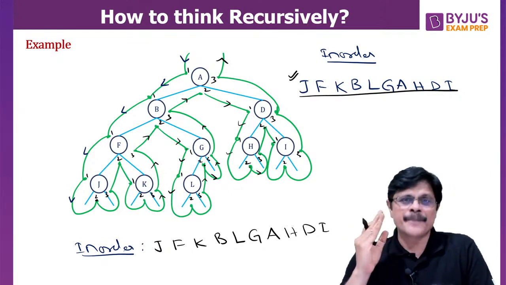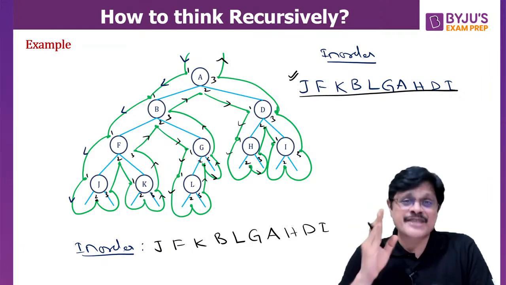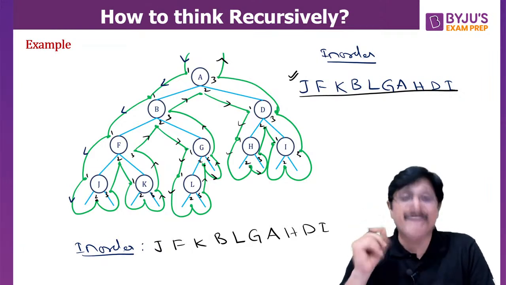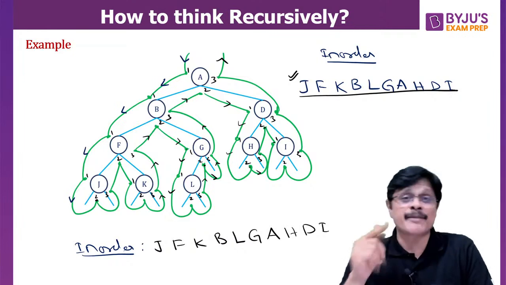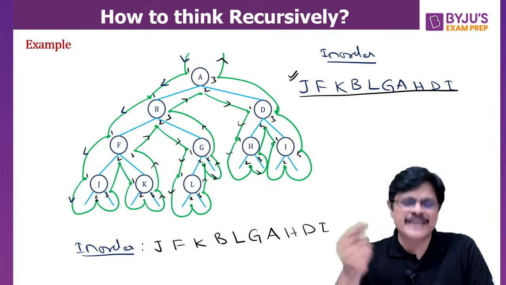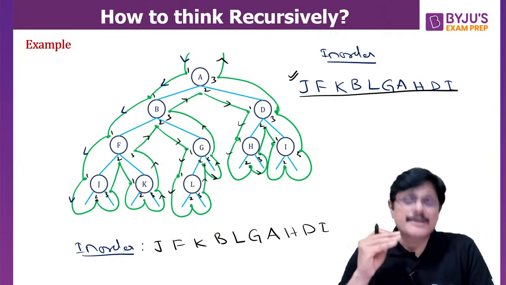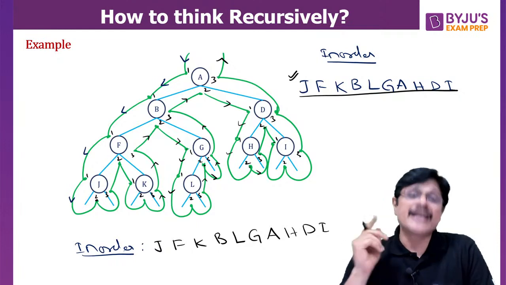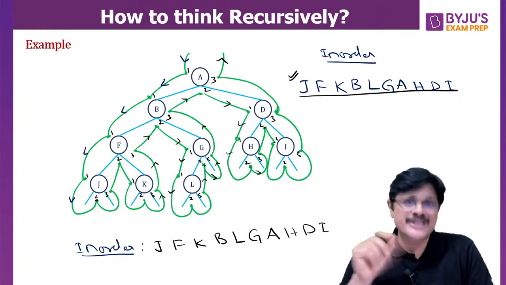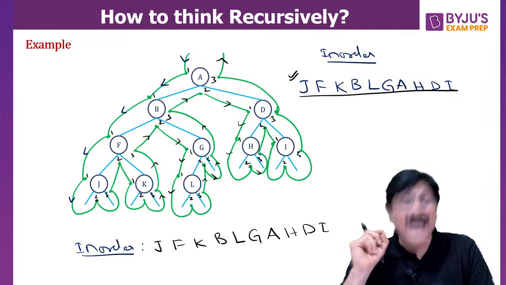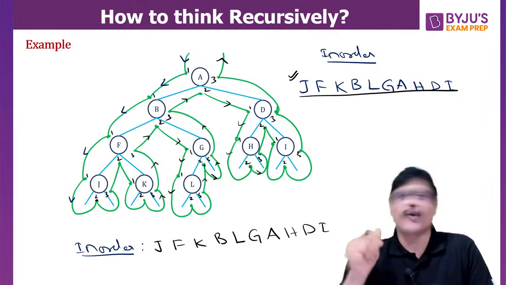For pre-order, first the root is visited, then the left subtree is visited recursively in pre-order, then the right subtree, that is, the nodes of the right subtree are visited recursively in pre-order. When it is in order, first what happens? The nodes of the left subtree are visited recursively in order, then the root node is visited, then the nodes of the right subtree are visited recursively in order.